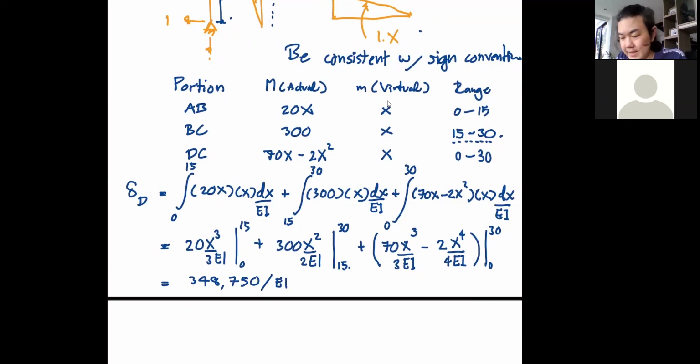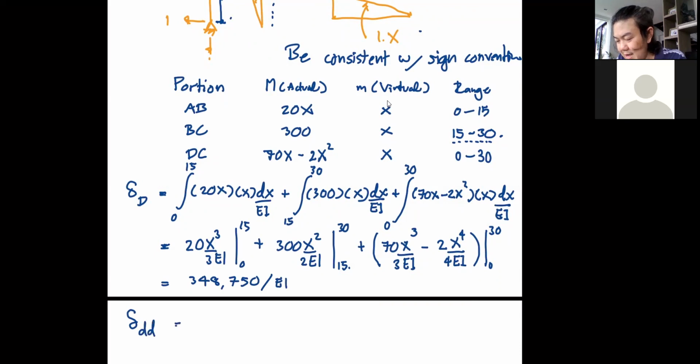Now, this is going to be the displacement at D due to the unit load or due to the reaction. But I don't use reaction. I don't want to write H in my integral, so I'll just use the unit one.